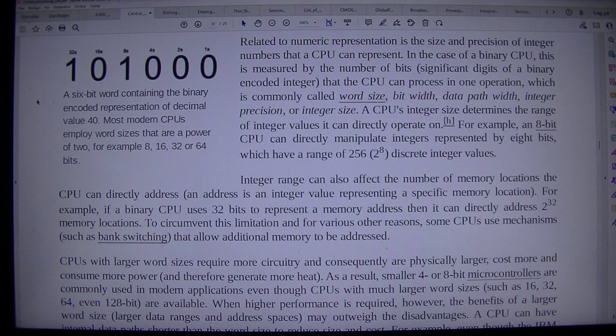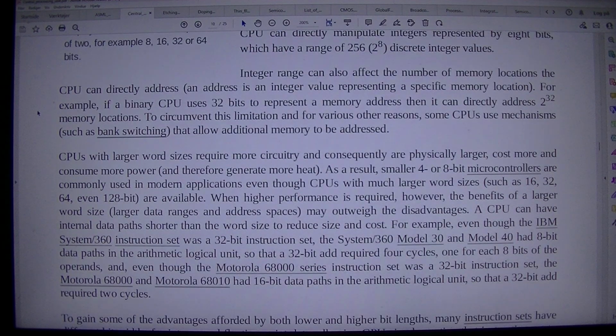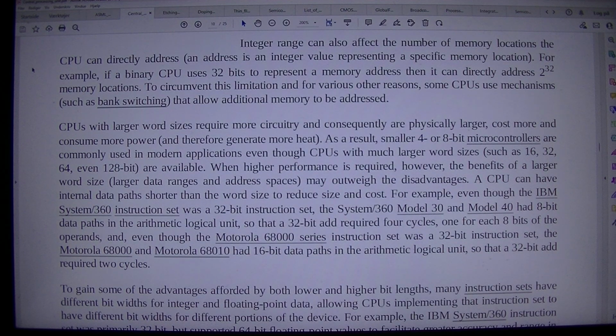For example, an 8-bit CPU can directly manipulate integers represented by 8 bits, which have a range of 256, 2^8, discrete integer values. Integer range can also affect the number of memory locations the CPU can directly address. An address is an integer value representing a specific memory location.